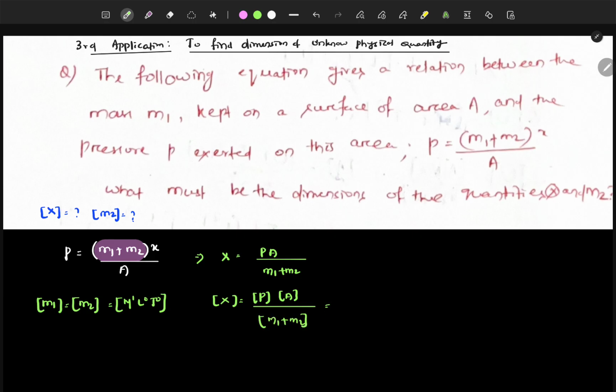The dimension of pressure is M¹ L⁻¹ T⁻², and area is L², divided by M¹. So you will get M⁰, L to the power of (−1 plus 2), that is 1, and T to the power of −2. This is your answer.